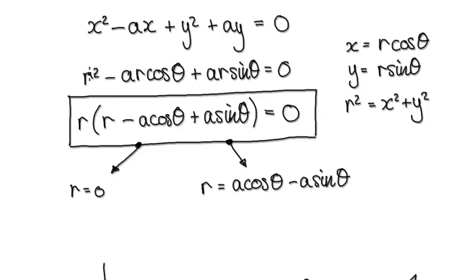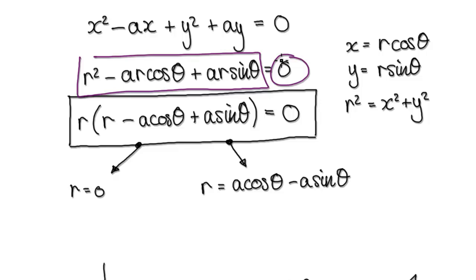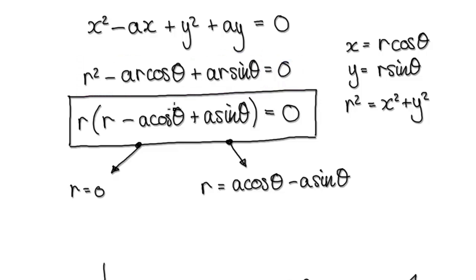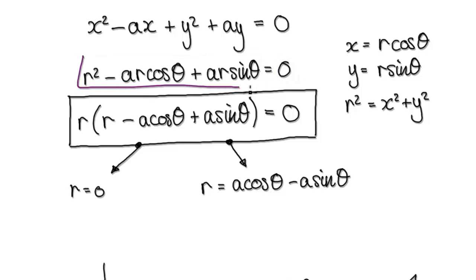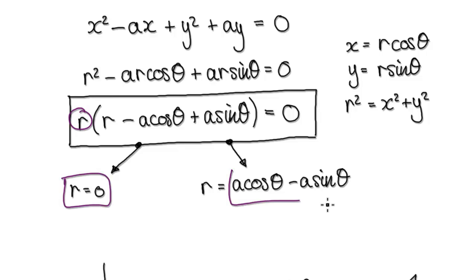Whenever you demand that this whole thing equals 0, it will draw you that circle. But here, let's factor out r. You've got r here, r here, r here, so you can factor out the r. You demanding that this equals 0 is the same as demanding r equals 0 or r equals this thing here.